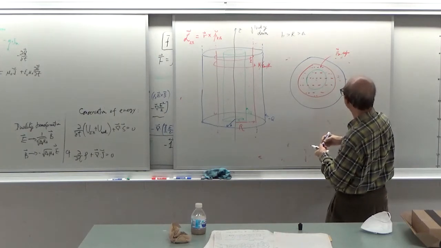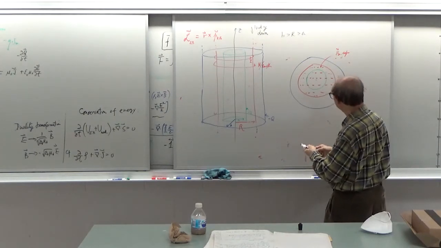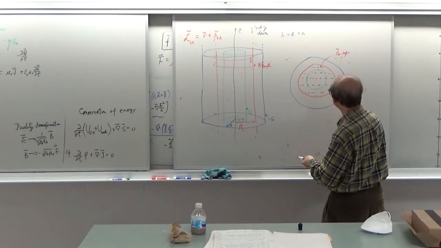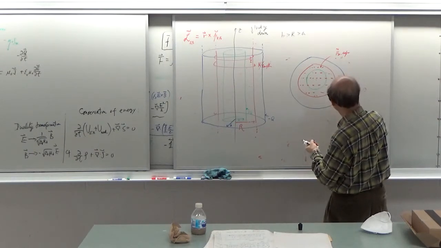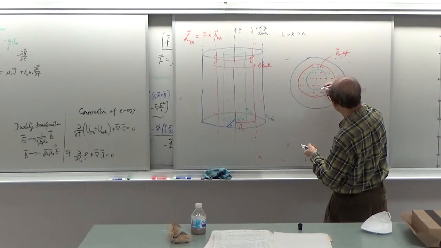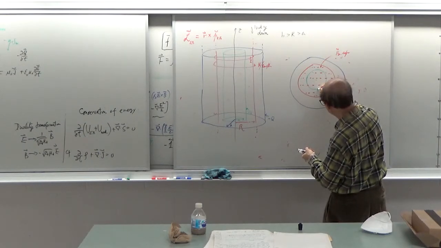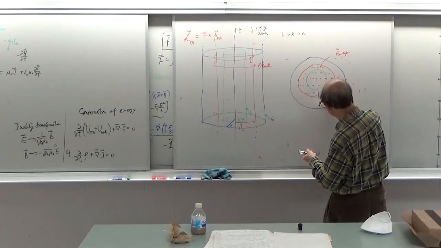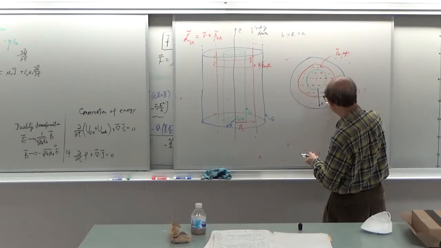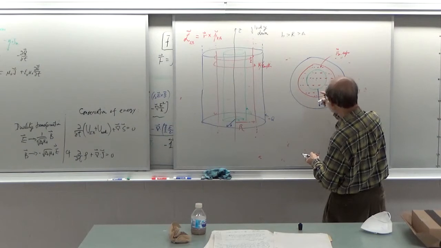So there would be the electric field going from the positive direction towards the negative. E, of course, is pointed radially out.